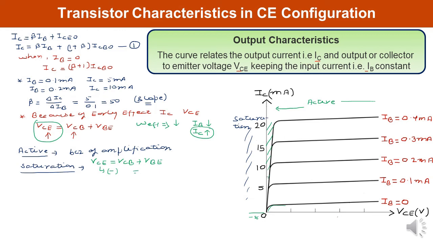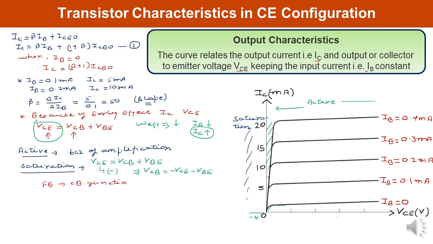When you calculate VCB, this term will be VCE minus VBE, which is negative. It means that it will forward bias the collector base junction.